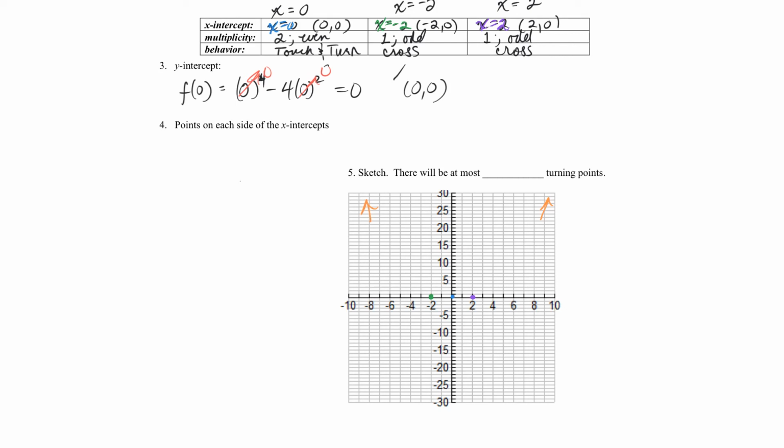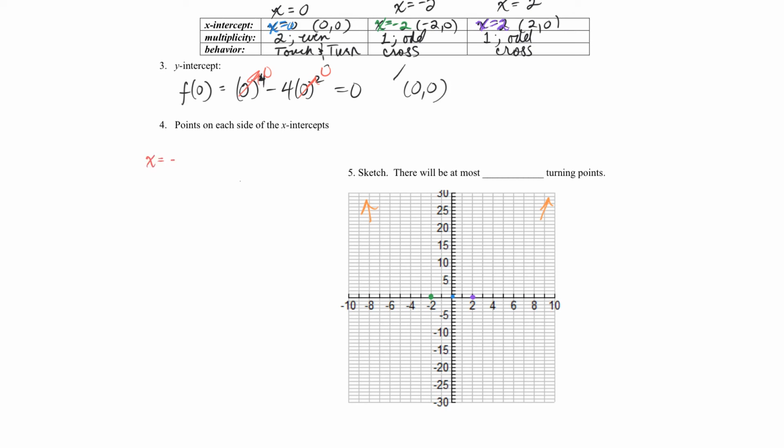Okay, so now when I'm thinking about picking points on each side, I'm going to pick negative 3, negative 1, positive 1, and positive 3. So I'm going to find what the function is equal to at all of those values.